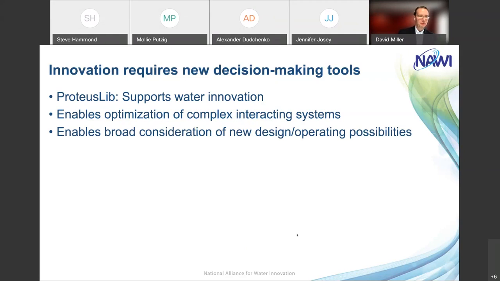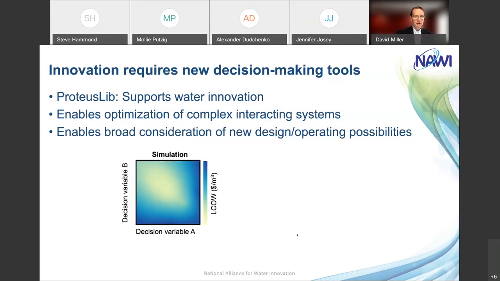And so, for example, if we consider a simple desalination system where you might have 50 to 100 variables that are both design variables and operating variables, and we want to understand how changing those are going to affect the levelized cost of water. Even if we have a nice simulator, we can at best vary kind of two decision variables in a simulation in order to understand how those affect the levelized cost of water, as represented here.